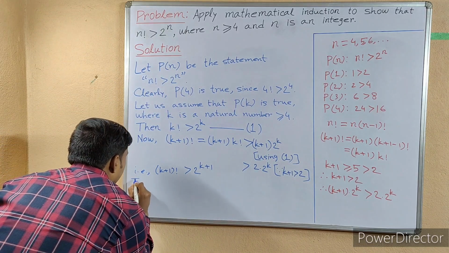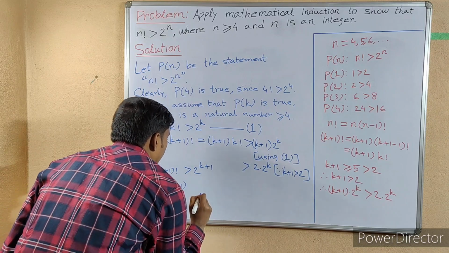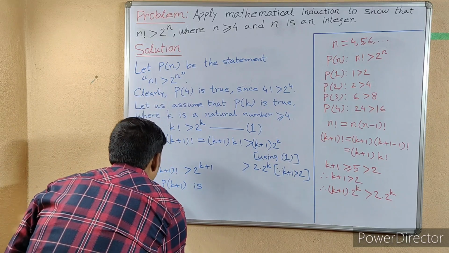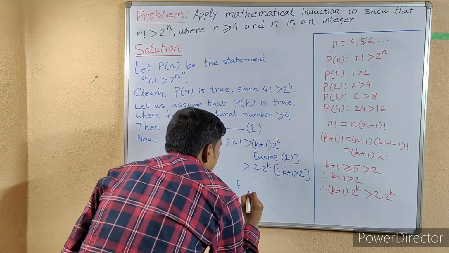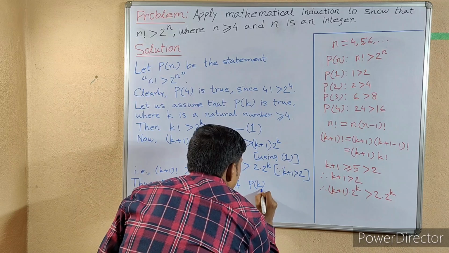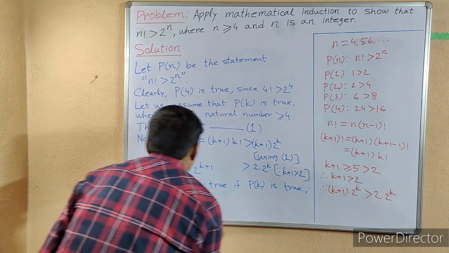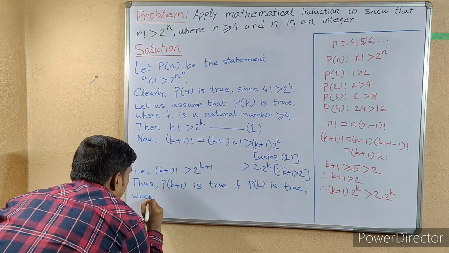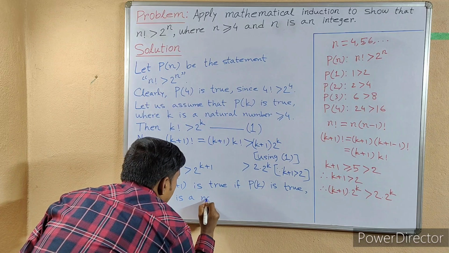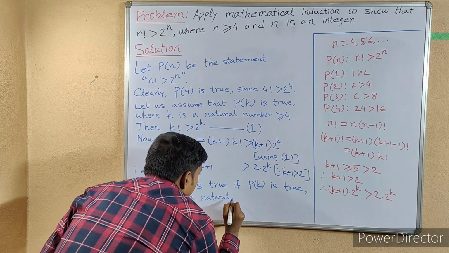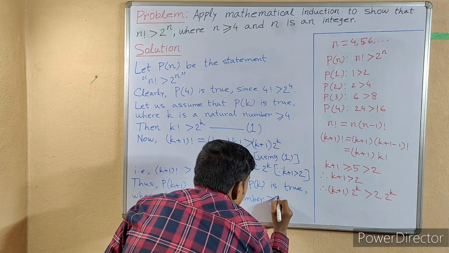Thus Pk plus 1 is true if Pk is true where k is a natural number greater equal to 4.